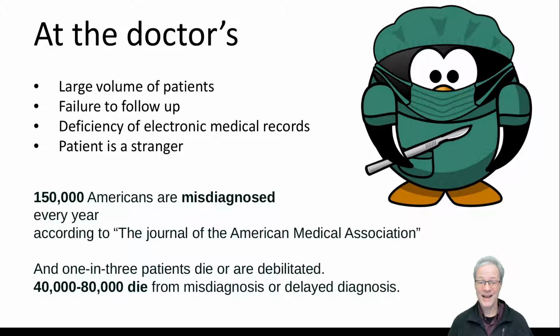And as a result, 1 in 3 of those patients die or are debilitated. So there are dire consequences to these mistakes. What is this 1 in 3? That's about 40 to 80,000. That's a lot of people that are dying because of some mistakes.